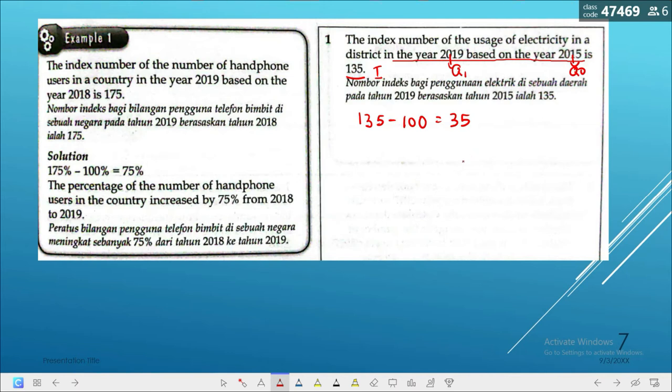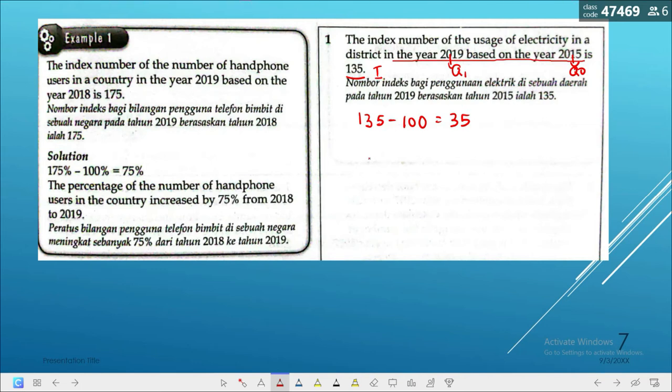So how do you want to interpret? You can put here the usage of electricity in the district is increasing by 35 from 2015 to 2019.